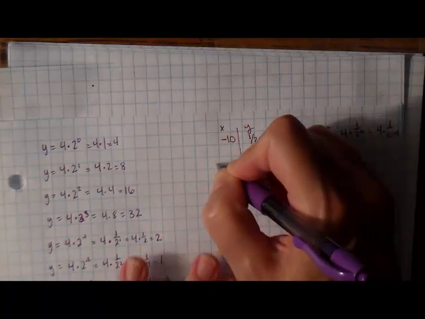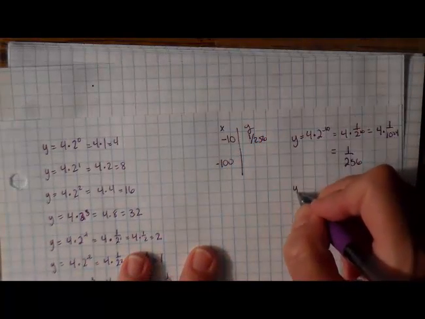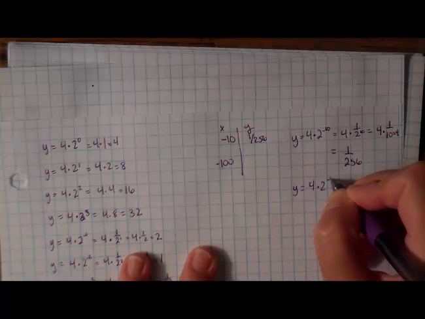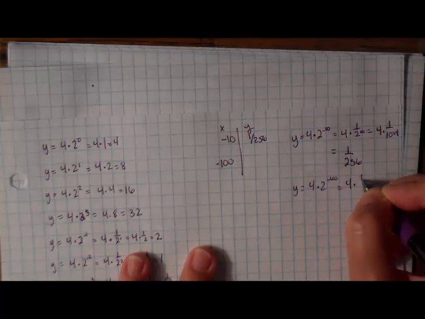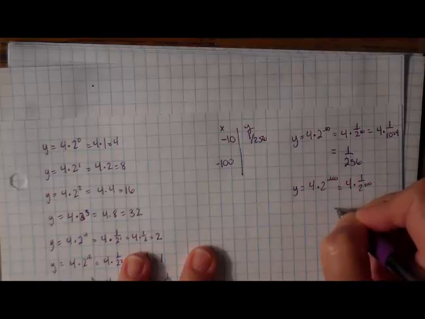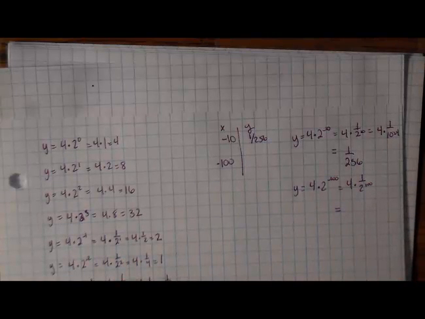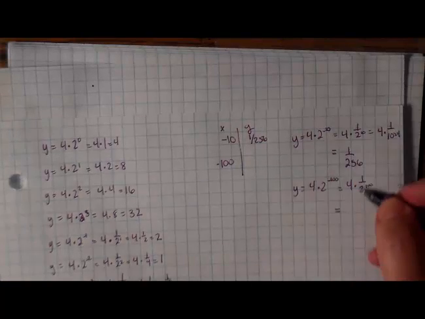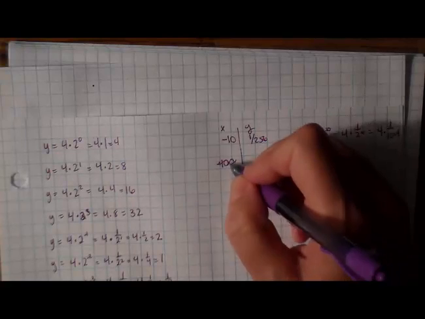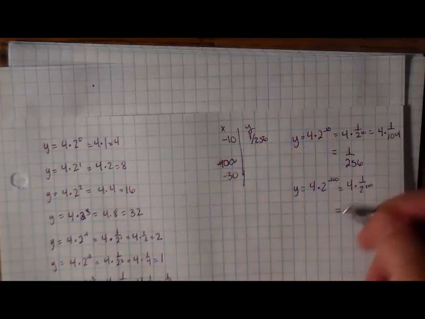So let's plug in negative 100 and see what happens. I would get 4 times 1 over 2 to the 100. Well, 2 to the 100, that's a really big number. Maybe we won't go 100. Maybe we'll do negative 30.